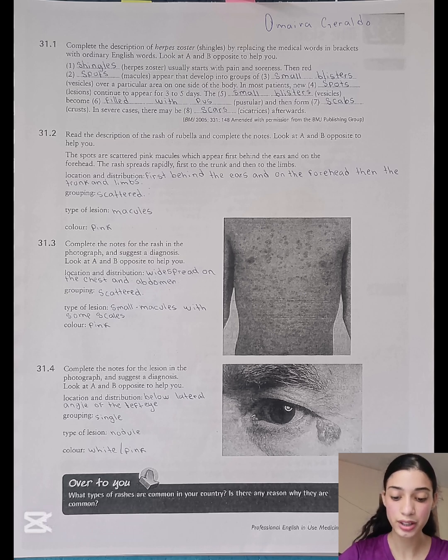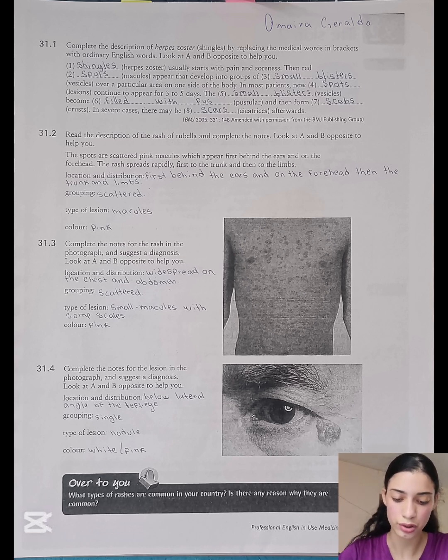31.2. Read the description of the rash of rubella and complete the notes. Look at A and B opposite to help you. The spots are scattered pink macules, which appear first behind the ears and on the forehead. The rash spreads rapidly, first to the trunk and then to the limbs.